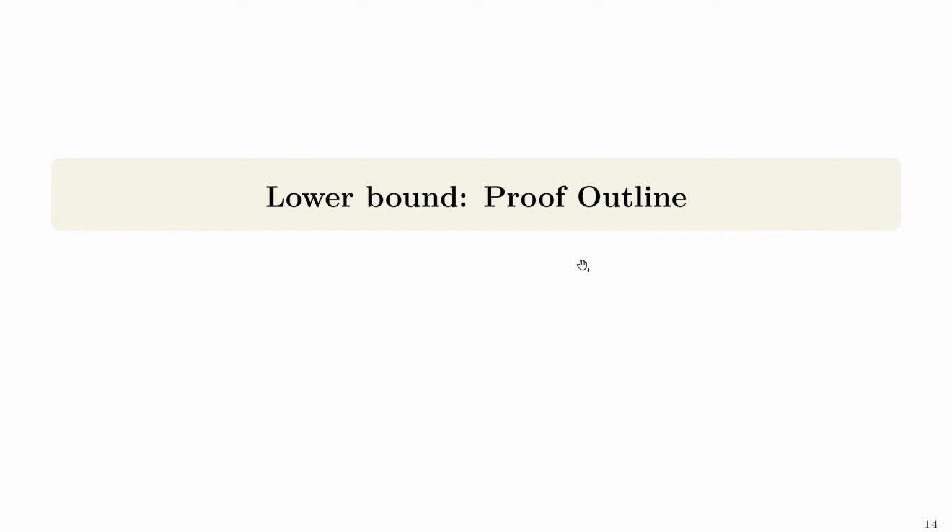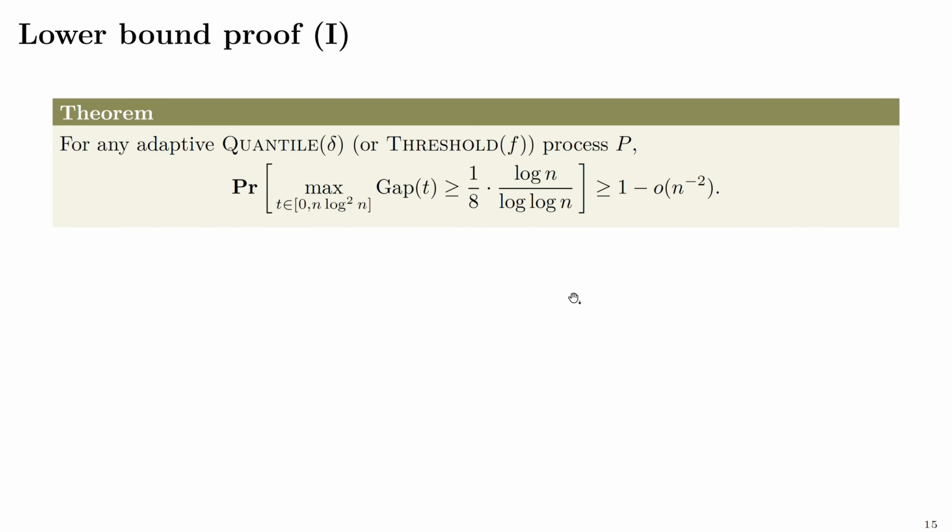Now we're ready to go into the proof outline for the lower bound. So we're going to show that any adaptive quantile, and equivalently adaptive threshold, process has a gap that is at least log n over log log n in the first n log squared n steps. So we consider two cases.